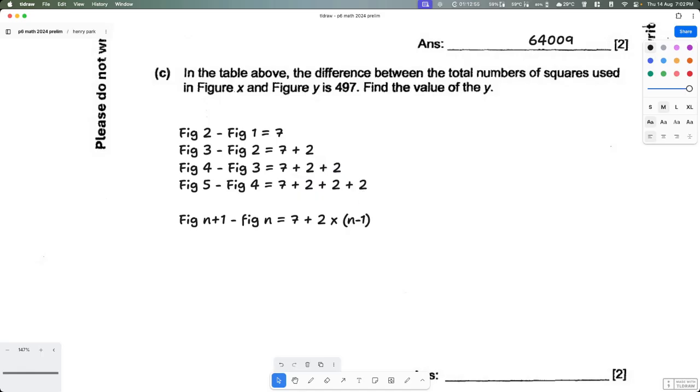Now we know that the difference is 497, so we can write 497 is equal to 7 plus 2 times n minus 1.